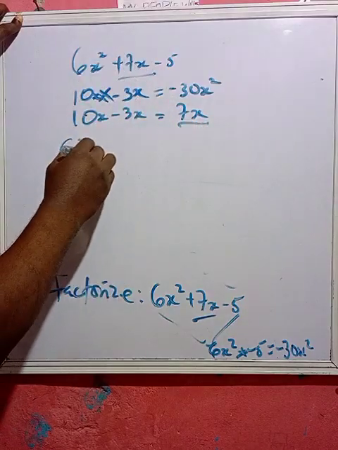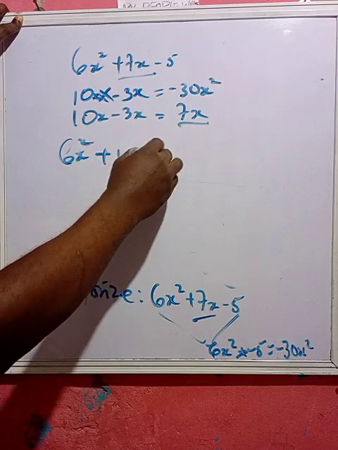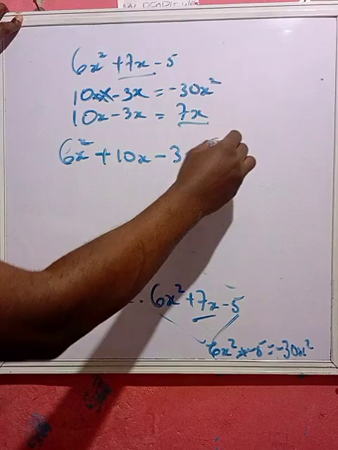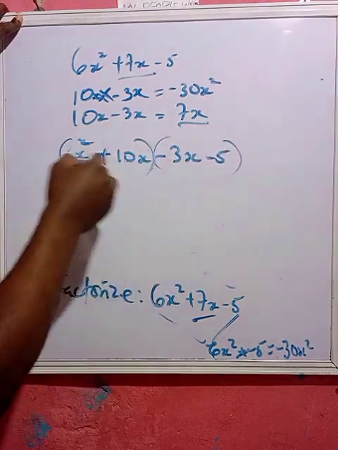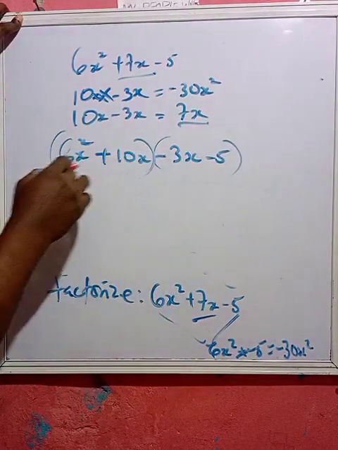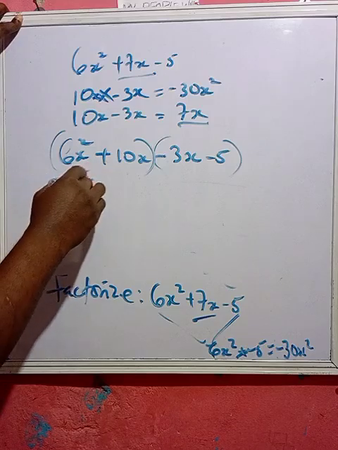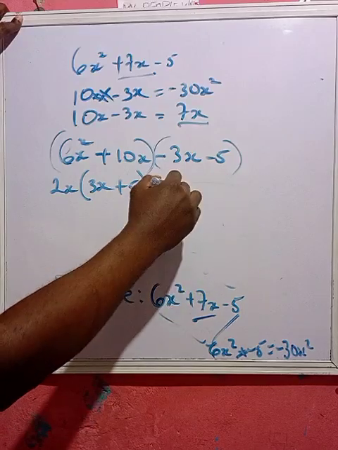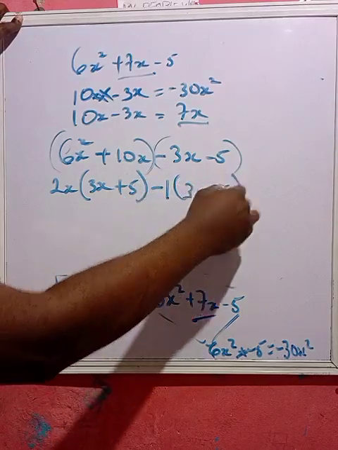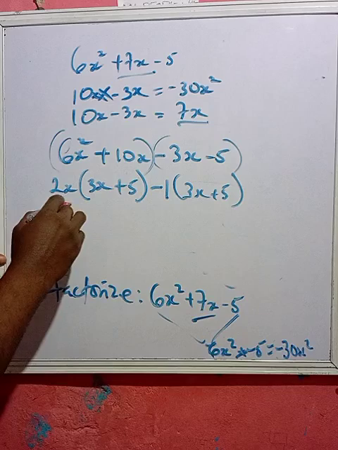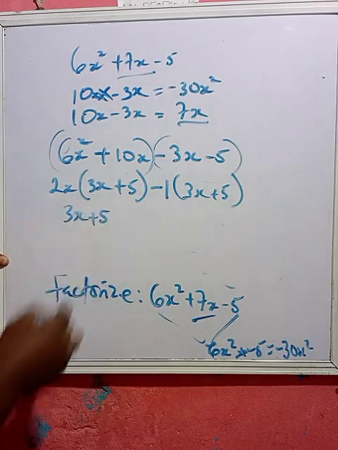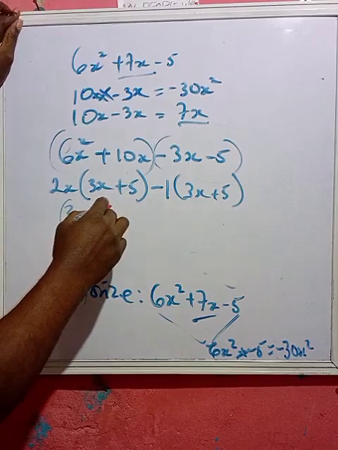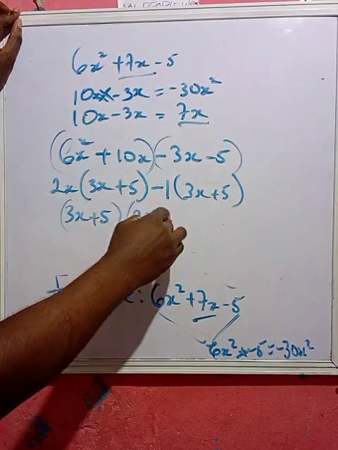We'll have 6x squared plus 10x minus 3x, and then minus 5. We can put all this in brackets, and then we'll take the common term here. That will be 2x, and I'll be left with 3x plus 5. Over here, nothing is common, so just pick one. That will be 3x plus 5. So we now have 3x plus 5, and in another bracket, we have 2x minus 1.